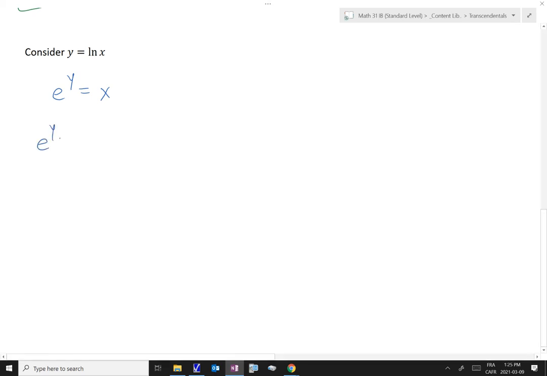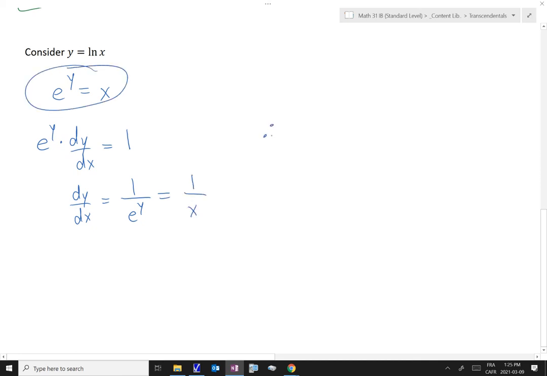So e to the power of y times dy/dx equals 1, which means that dy/dx equals 1 over e to the power of y. But e to the power of y is equal to x, so 1 over x, which means that the derivative of the natural log of x with respect to x is 1 over x.